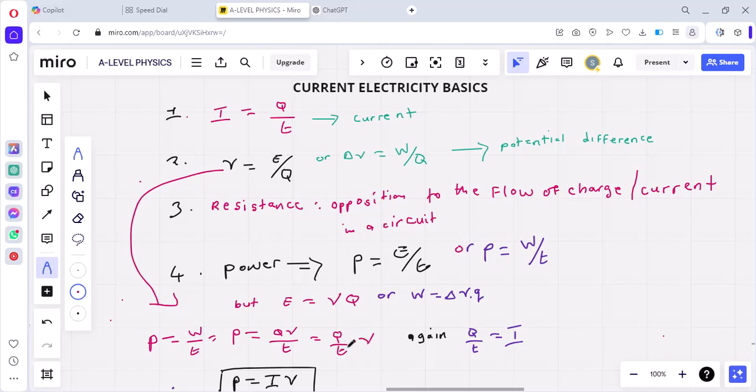Well, that's the definition for current. So we can replace Q over T with I. And then the formula for electrical power becomes this: power is equal to current times voltage.